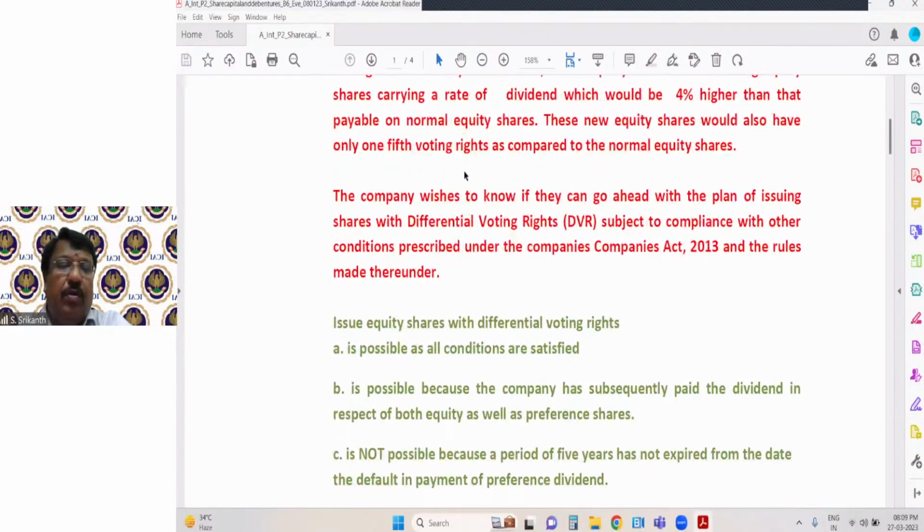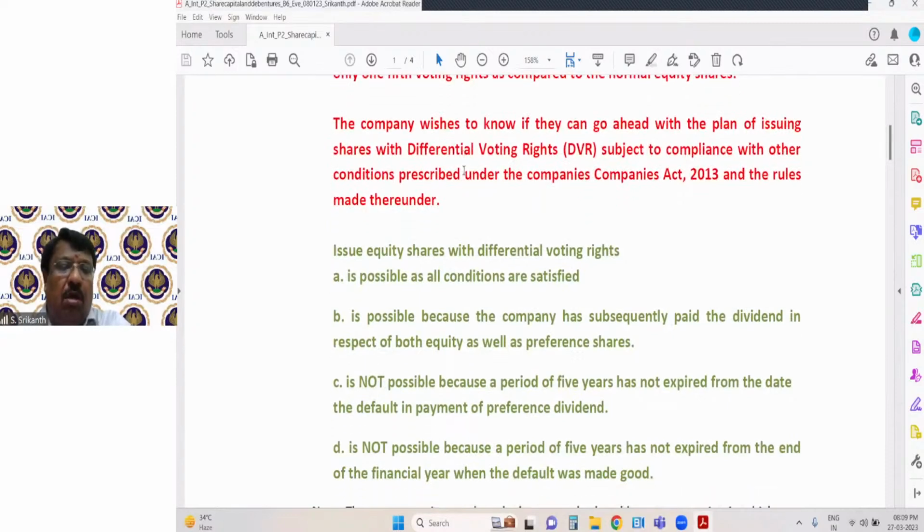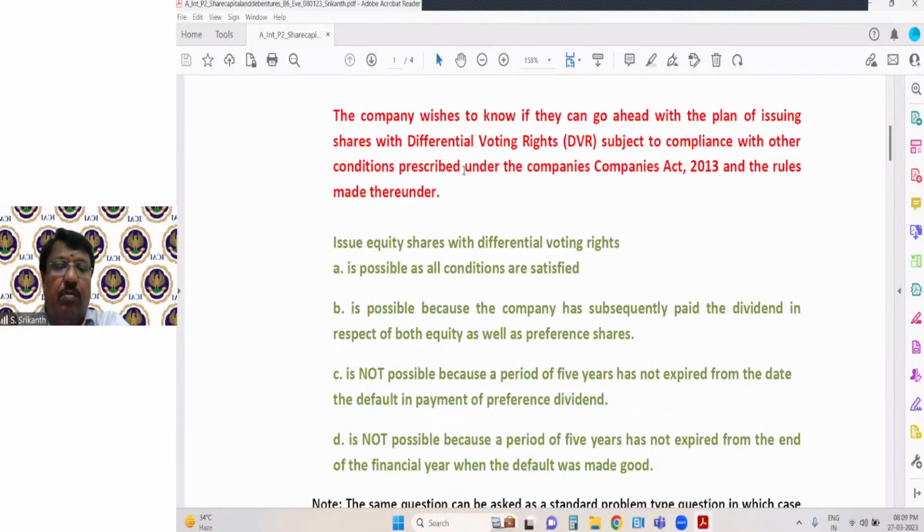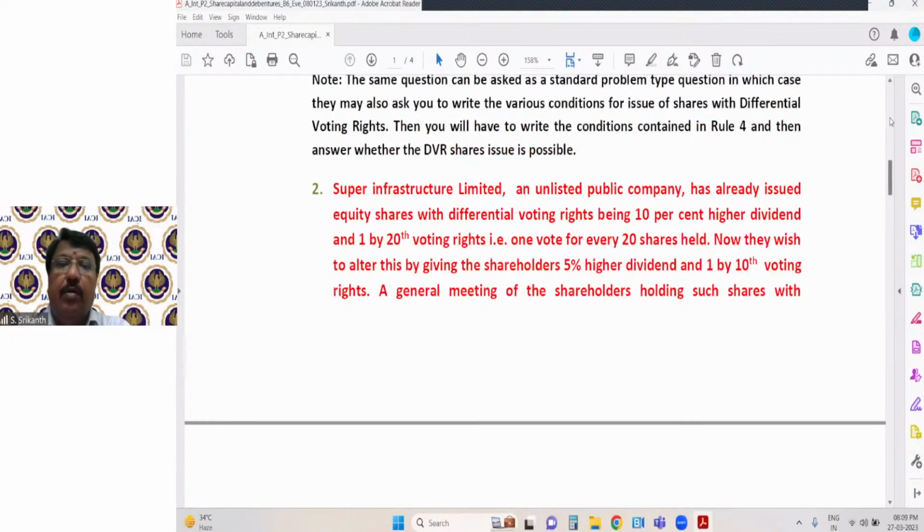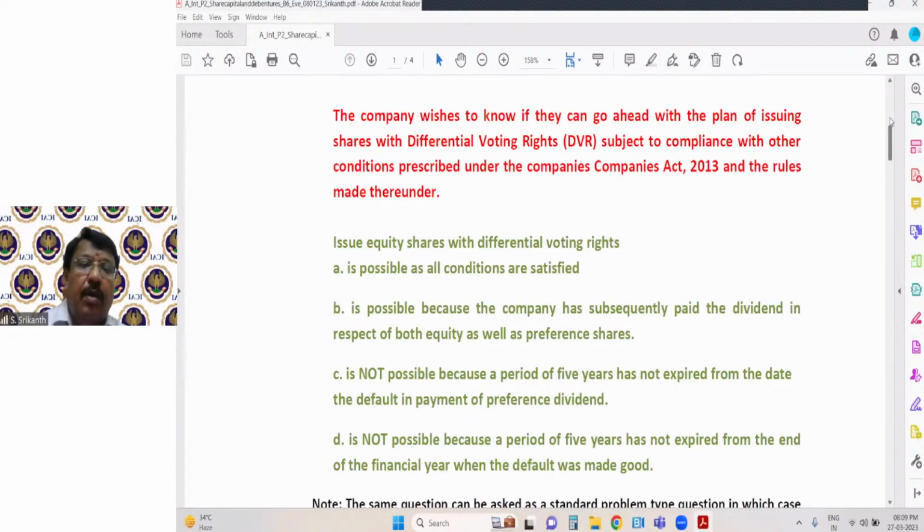So this is an MCQ. Equity shares with differential voting rights: A, is possible as all conditions are satisfied. B, is possible because the company has subsequently paid the dividend in respect of both equity as well as preference shares.